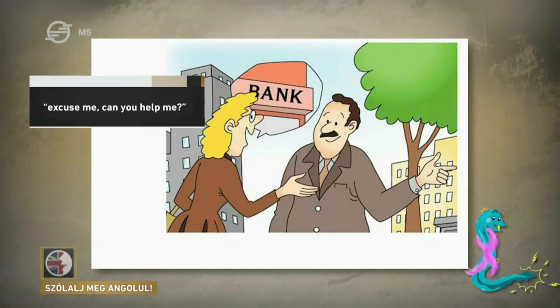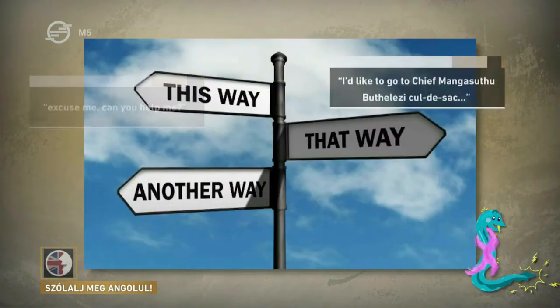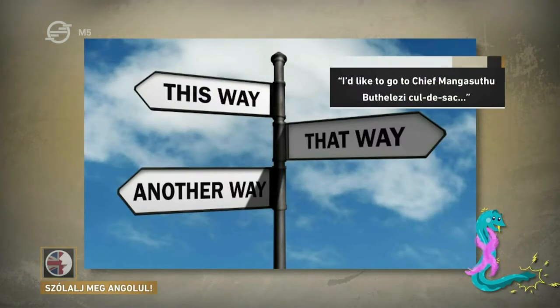We always start with "excuse me" because we're polite. Now, what do we say next? That's right. We say something like, "I'm trying to get to Chief Mangasuta Buthelezi cul-de-sac." We could also say something like, "I'd like to go to Chief Mangasuta Buthelezi cul-de-sac."